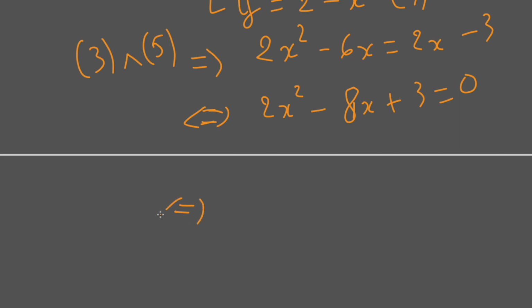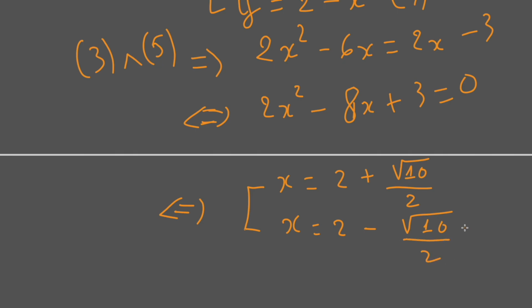And this will have two solutions: x equal to (2 plus square root of 10) divided by 2, or x equal to (2 minus square root of 10) divided by 2.